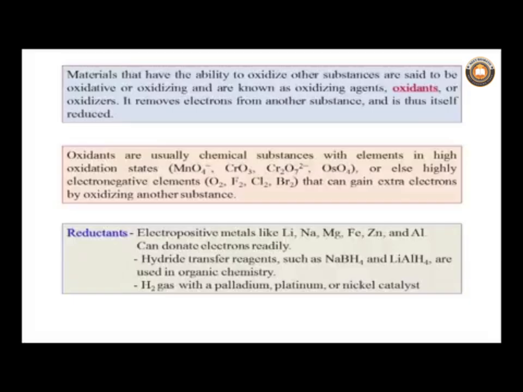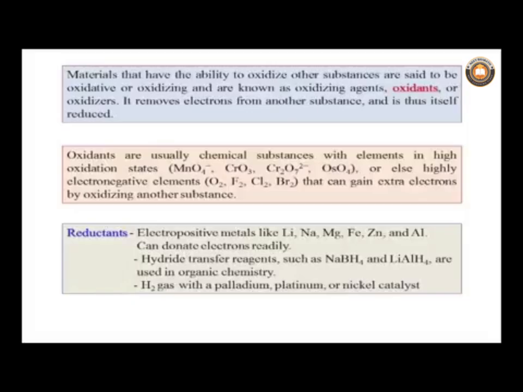Because they can also accept electrons. We have already seen that O2 can accept 2 electrons, giving rise to O2 2 minus, or it can break to the hydroxide ion or the water molecule. Similarly, fluorine, chlorine and bromine can also accept electrons to move to fluoride, chloride and bromide.